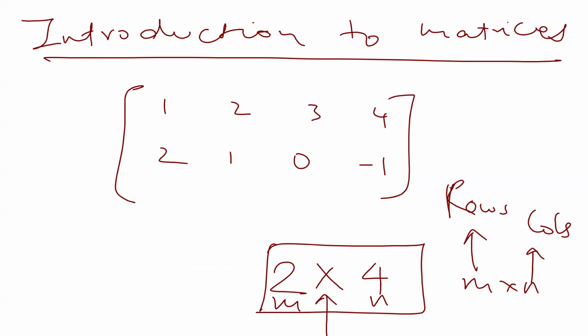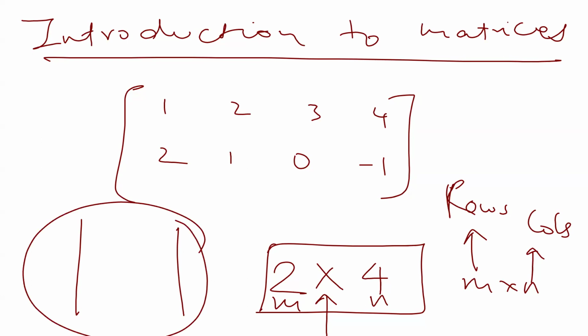Now a matrix is always denoted with the numbers arranged in such a way that we use a box bracket. In determinants, we use this. First of all, don't get confused between the determinant and the modulus.